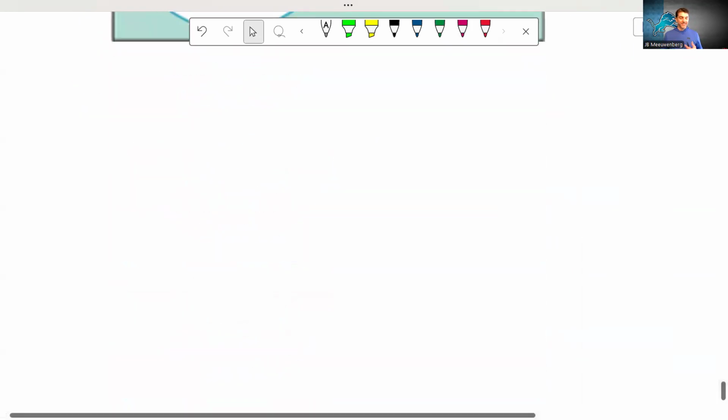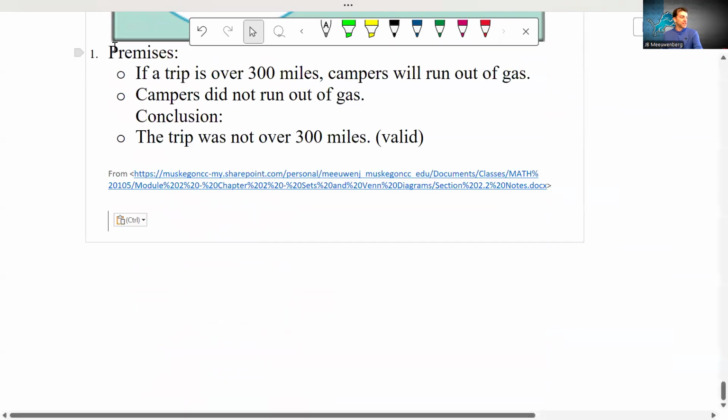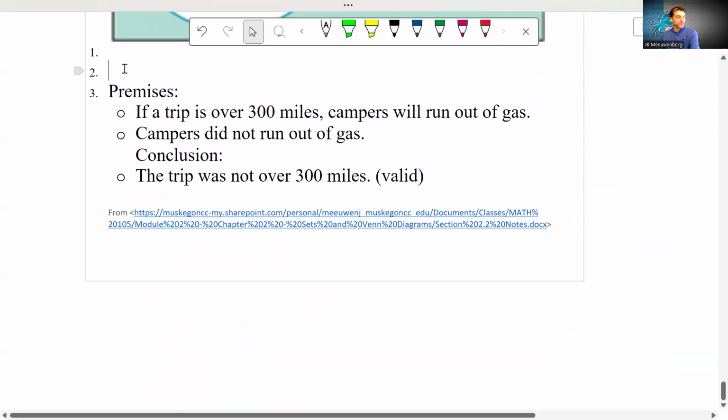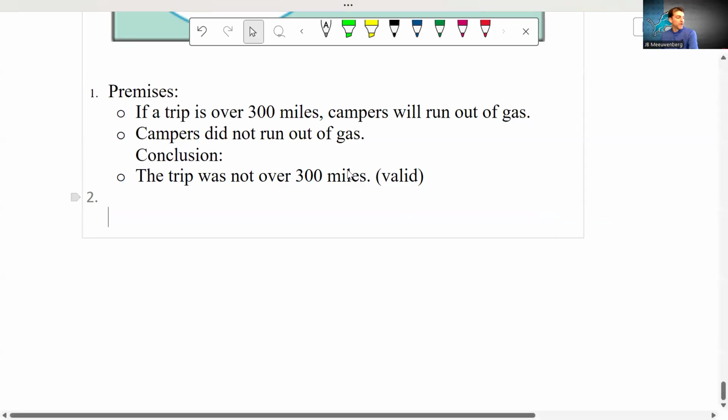So just to test you here, I'm going to give you a situation and a conclusion, and your job is to determine which of those two laws, detachment or contraposition, was used in this scenario. The first one is: if a trip is over 300 miles, campers will run out of gas.